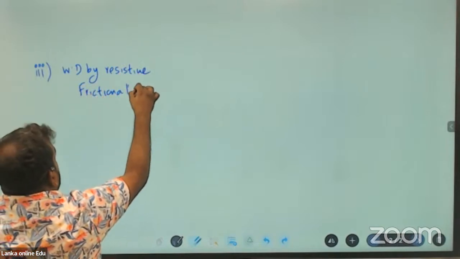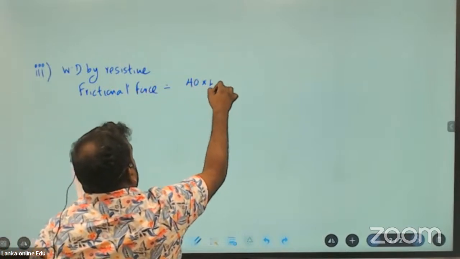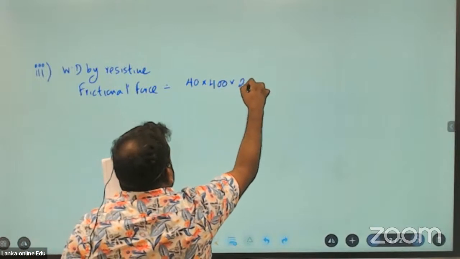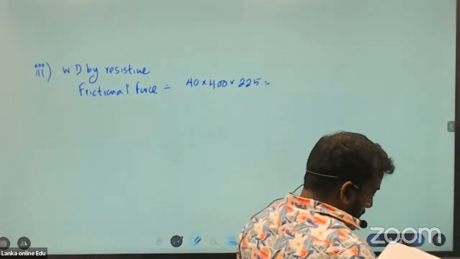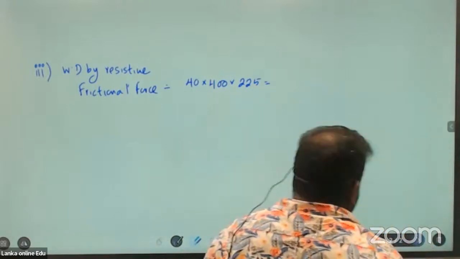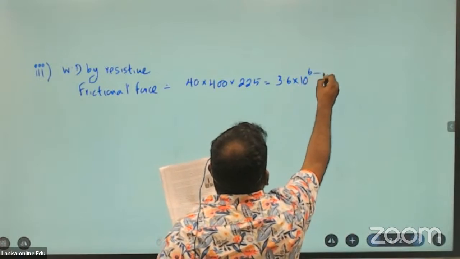So 40 times 400, times 225 meters. To get your answer, 3.6 × 10⁶ joules.